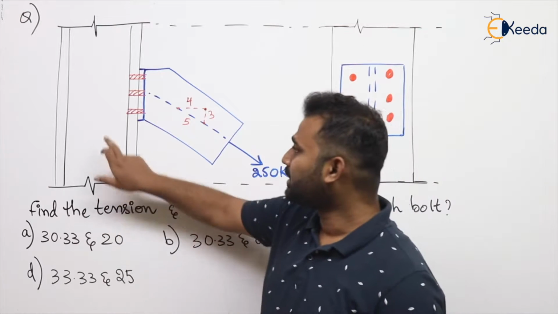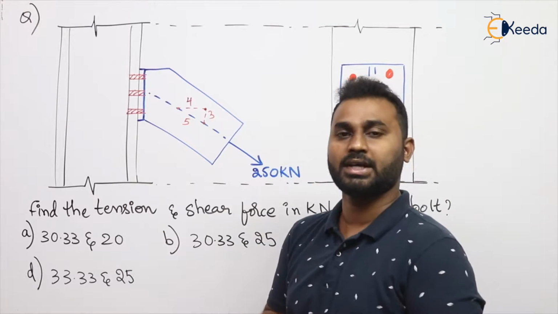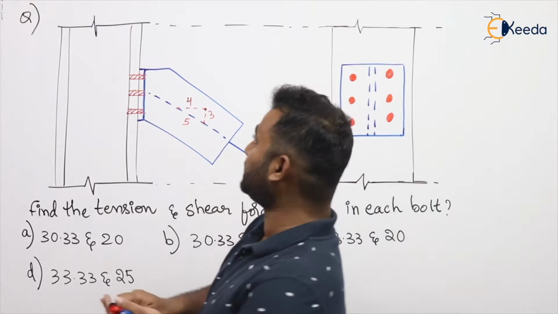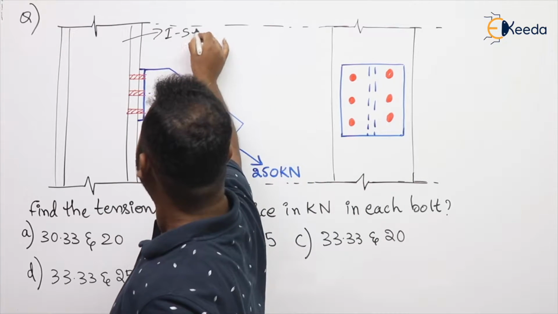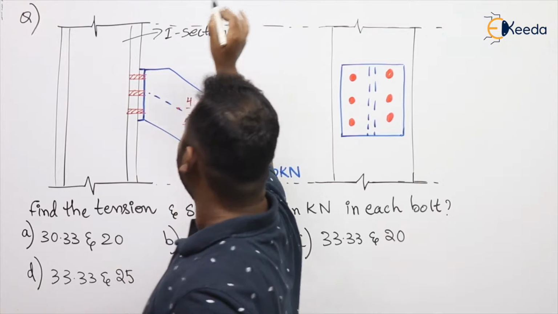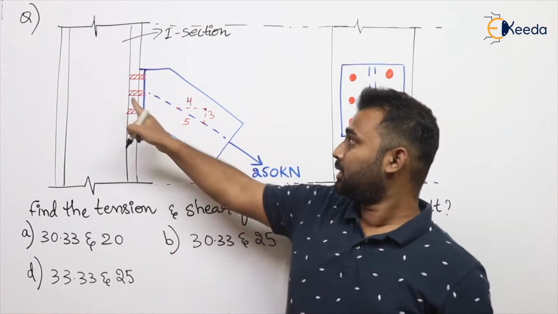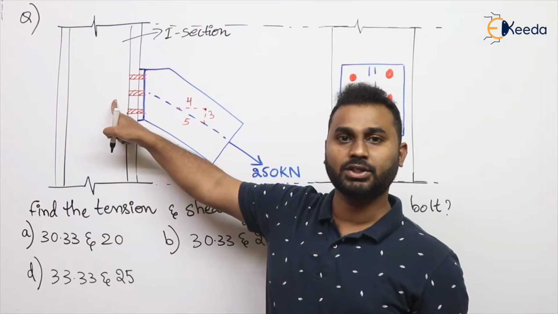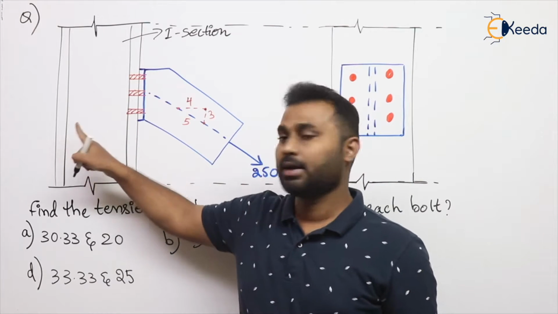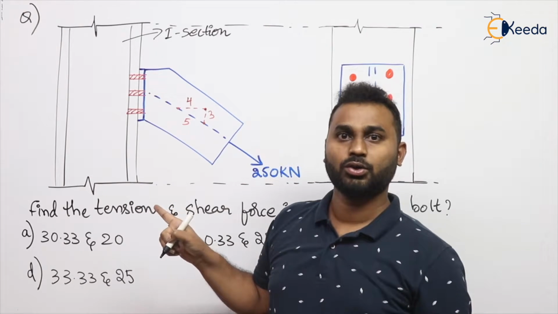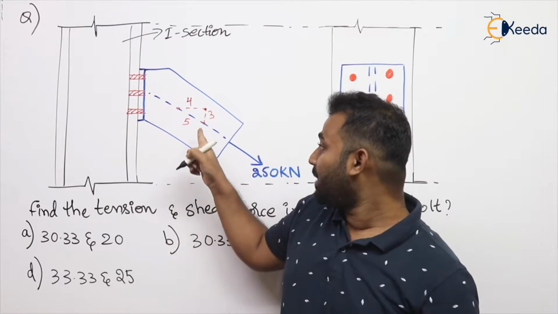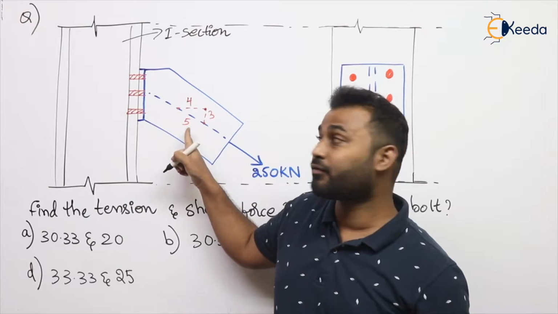If you see the diagram, this is an I section used as a column. To this I section, 2 flanges will be there and 1 web. To one flange of the I section, a bracket is connected by making use of bolts.